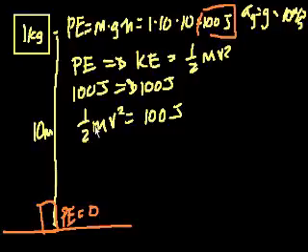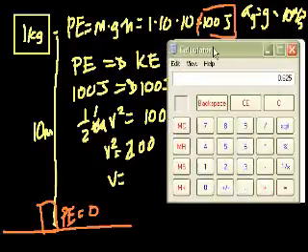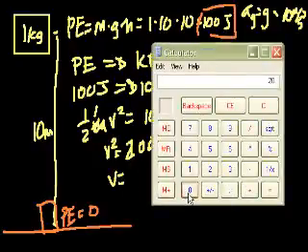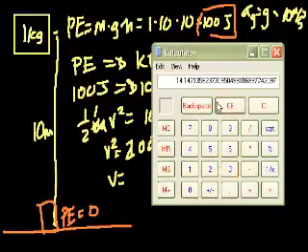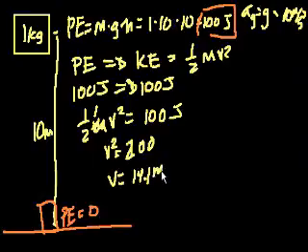What's the mass? The mass is 1. And we can solve for v now. 1/2 v squared equals 100 joules. v squared is equal to 200. And then we get v is equal to the square root of 200, which is something over 14. We can get the exact number: the square root of 200 is roughly 14.1. Velocity is going to be 14.1 meters per second downwards, right before the object touches the ground.